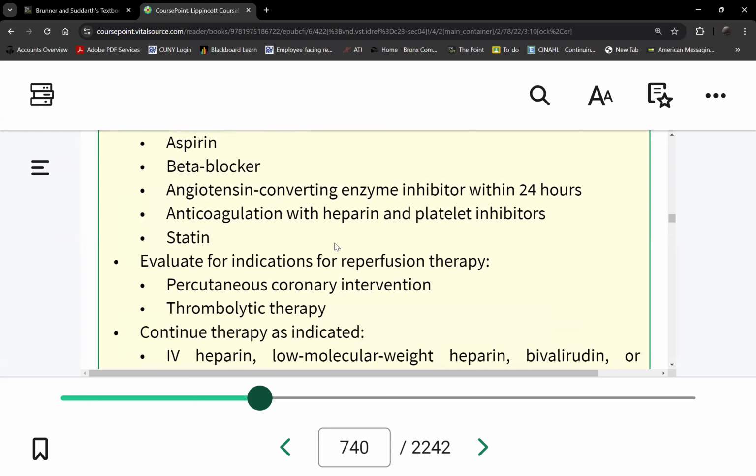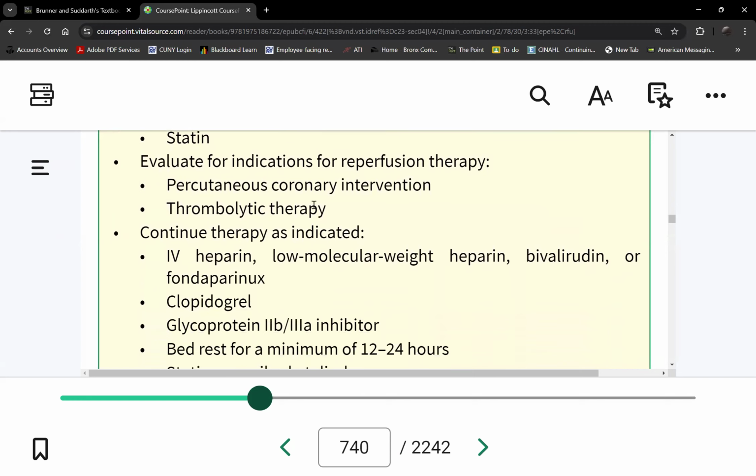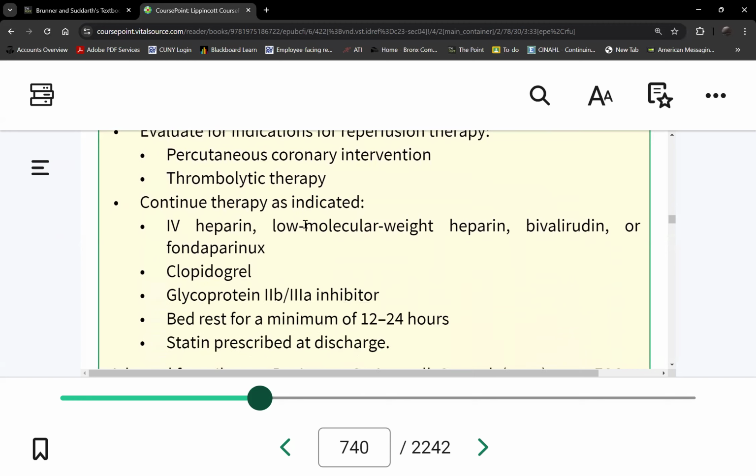Again, anticoagulation and statin. Of course, statin is not given during the acute episode. I mean, what's the statin gonna do, right? So we'll do that for the future, okay? Long-term therapy. We'll describe thrombolytic therapy shortly.